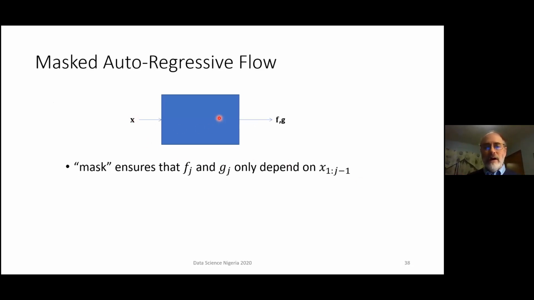If you imagine a neural network where everything would depend on everything else in the standard fully connected scheme, we're going to mask that out. We index the input features 1 up to D, and the outputs also go from 1 to D, and the jth output can only depend on 1 up to j minus 1, as a sort of triangular dependency.